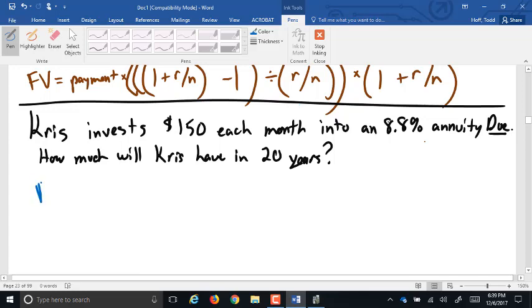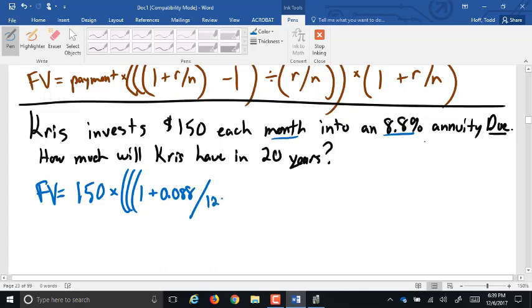So the future value is going to equal that payment amount, 150 times, still 3 parentheses, 1 plus, what goes in there now? 0.088 is our rate from the 8.8%, divided by 12. This is monthly, so 12 to the power of 12 times 20, which is 240.